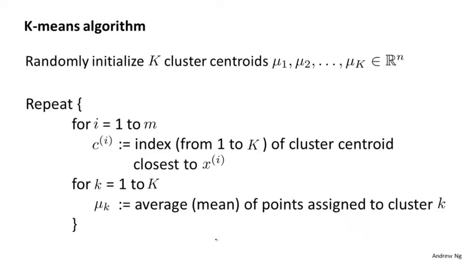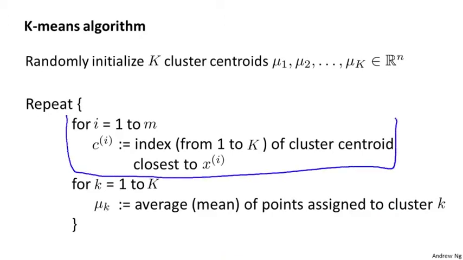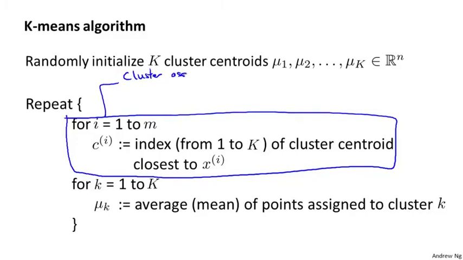And just to provide a little bit more detail, here's the k-means algorithm, exactly as we have written it out on the earlier slide. The first step of this algorithm was the cluster assignment step, where we assign each point to a cluster centroid.